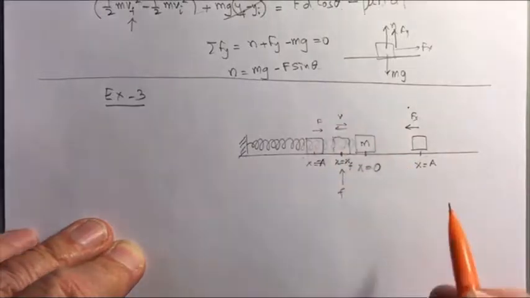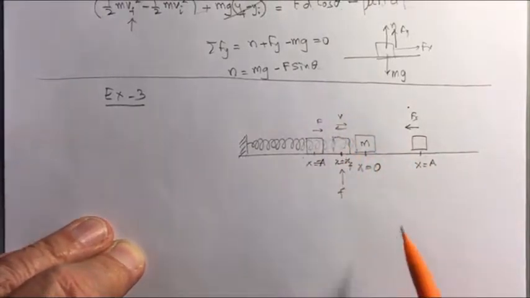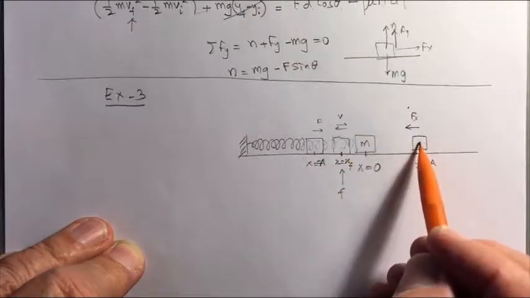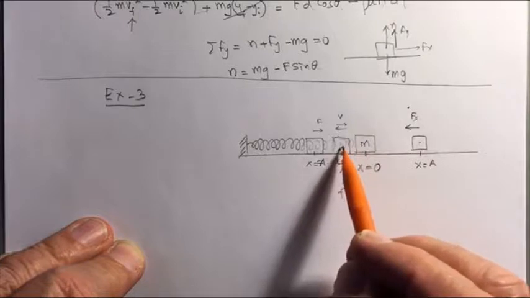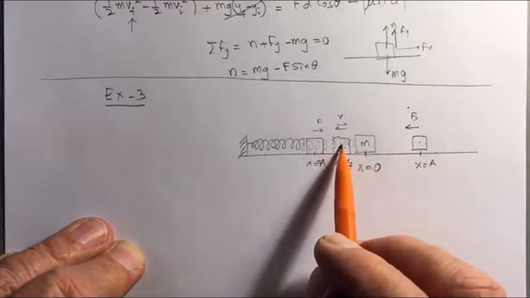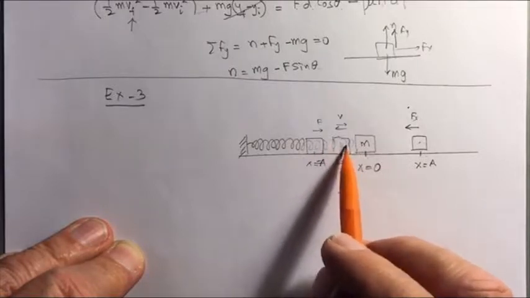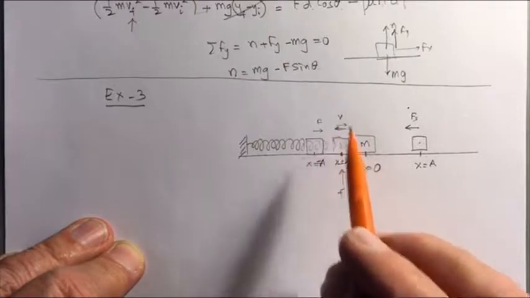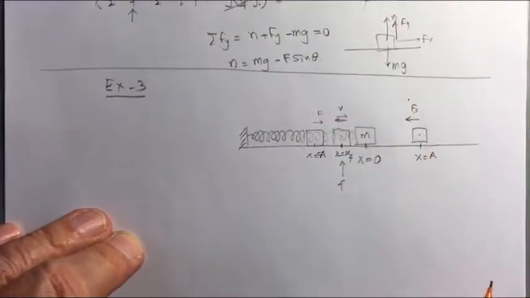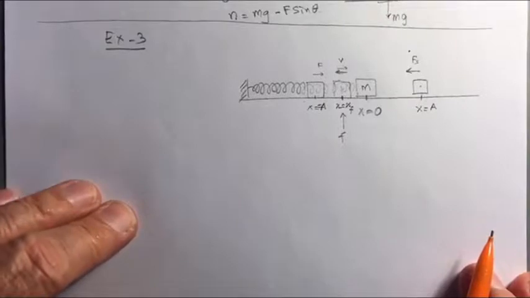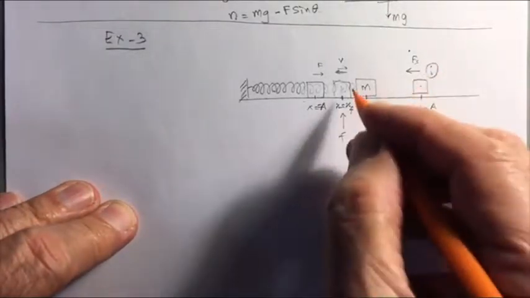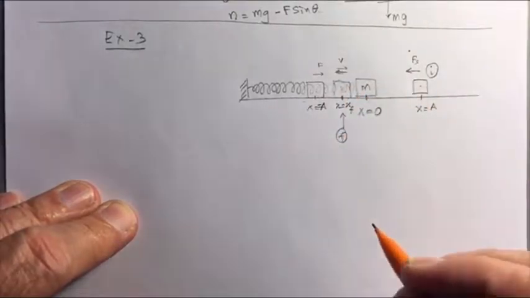We find the speed when it's crossing this point. It turns out that in the absence of friction, the speed with which this object will be crossing this point while going left will be the same as the speed at the same point when it's moving to the right. So the two speeds would be the same. The velocity would be the same in magnitude and opposite in direction. So this is our initial position, and this is our final position.